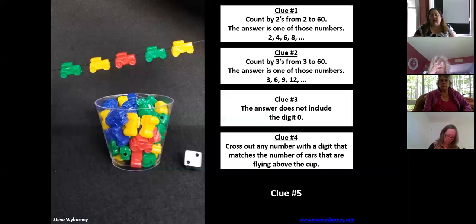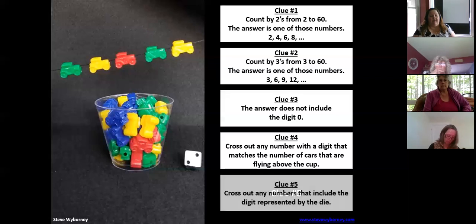So since there are 5 cars flying above the cup, I know that I can't have a 5 in the tens or in the ones. So it cannot have the digit 5 in the number. And then my final clue, cross out any numbers that include the digit represented by the die. So there's a 2 on that die, so I know the number cannot have a 2 in it. So it cannot be 20 something or something with a 2 in the ones place.